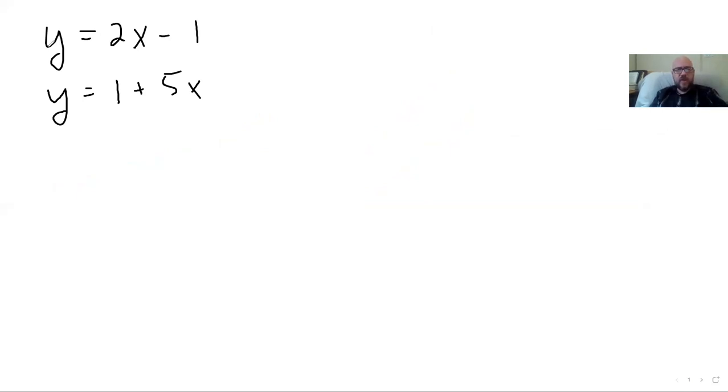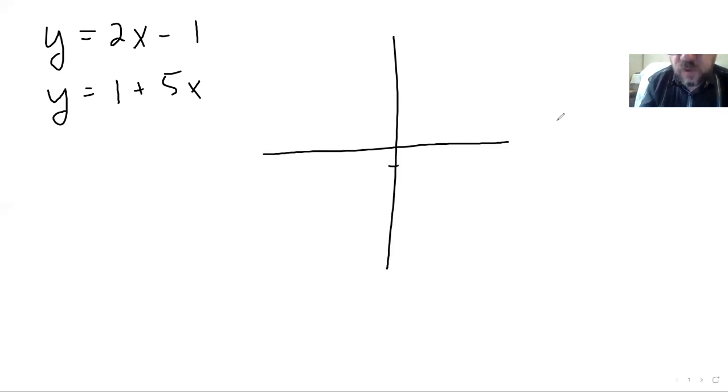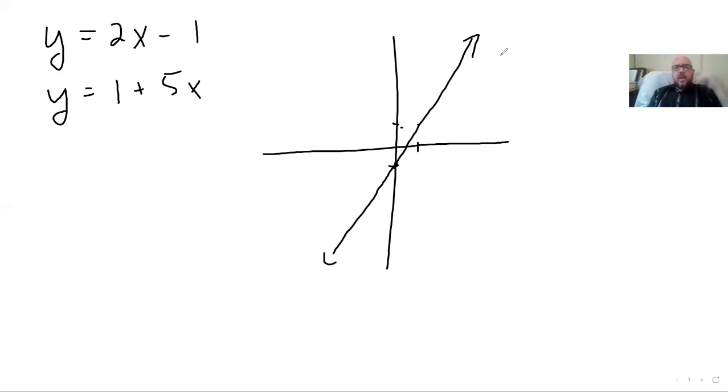So if I graph this line, y equals 2x minus 1, might as well do that real quick. 2x minus 1 has a y-intercept of -1 and a slope of 2. So it looks something like this. There's y equals 2x minus 1. And every single point on this graph is a solution to this equation.